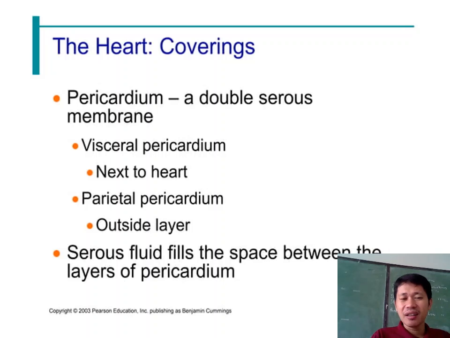The layer closest to the heart is the visceral, while the outside layer is the parietal pericardium. And there is serous fluid that fills the space between these layers of pericardium. There is a pericardial cavity, or in some texts a pericardial sac, filled with fluid that lies between the visceral and the parietal pericardium.